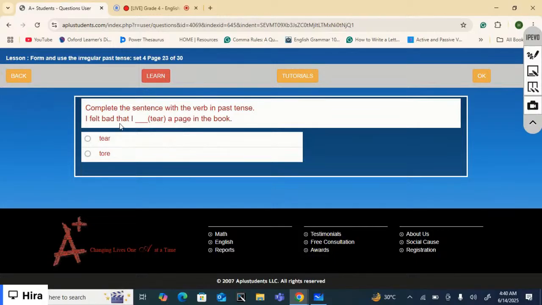I felt bad that I blank a page in the book. Tear or tore?